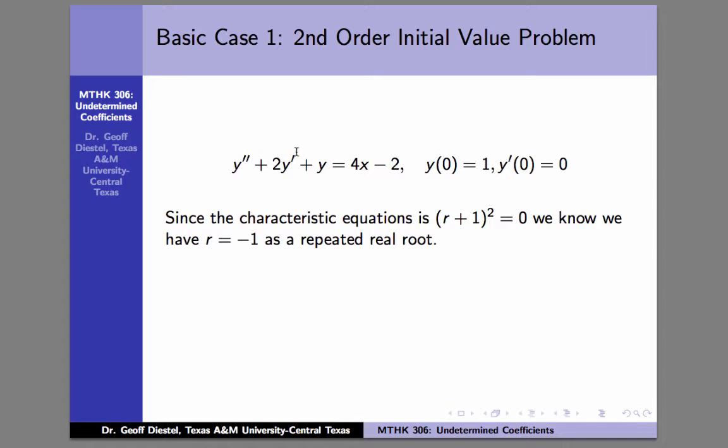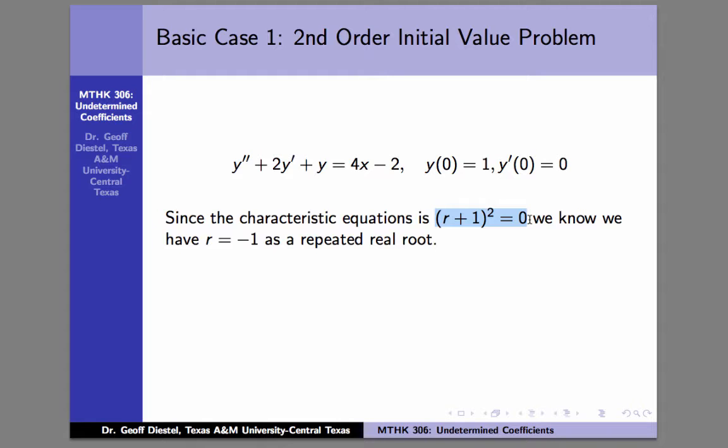So we look at our characteristic equation, or characteristic polynomial. It's going to be r squared plus 2r plus 1. That factors as r plus 1 times r plus 1. So our characteristic equation has one solution that's repeated, and it's r equals -1.